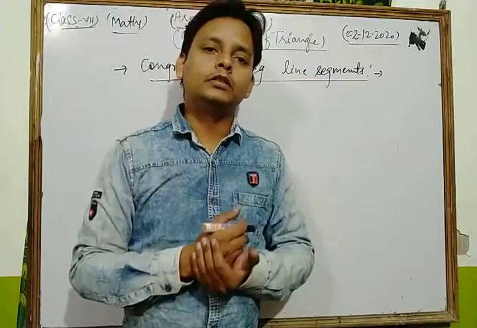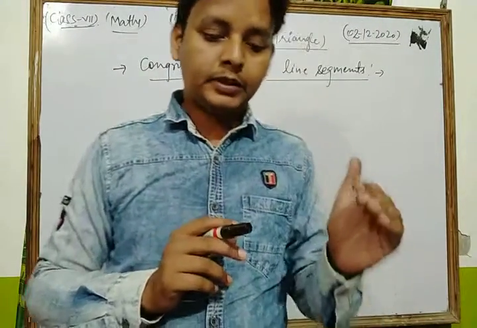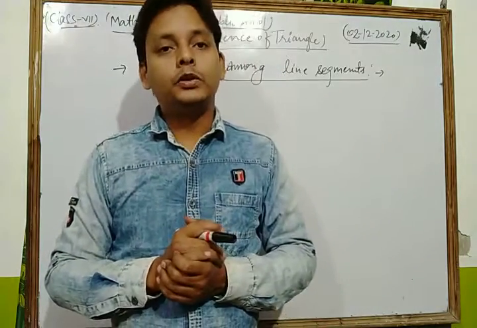When are two line segments congruent to each other, dear friends? If two line segments have the same or equal length, they are said to be congruent.